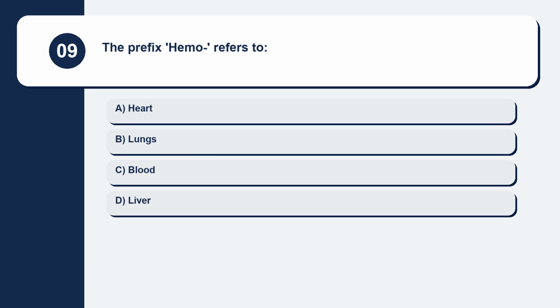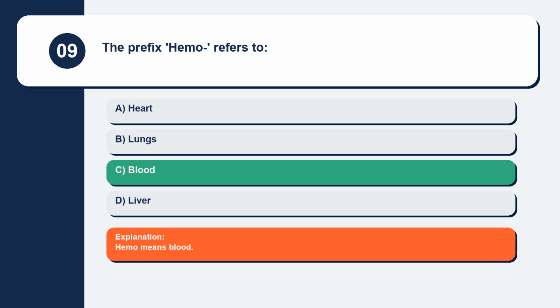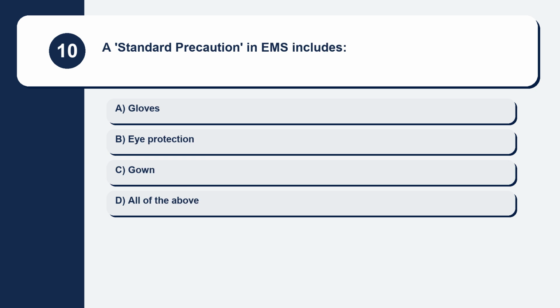Question 9. The prefix hemo refers to: heart, lungs, blood, liver. Hemo means blood. Question 10. A standard precaution in EMS includes: gloves, eye protection, gown, all of the above.